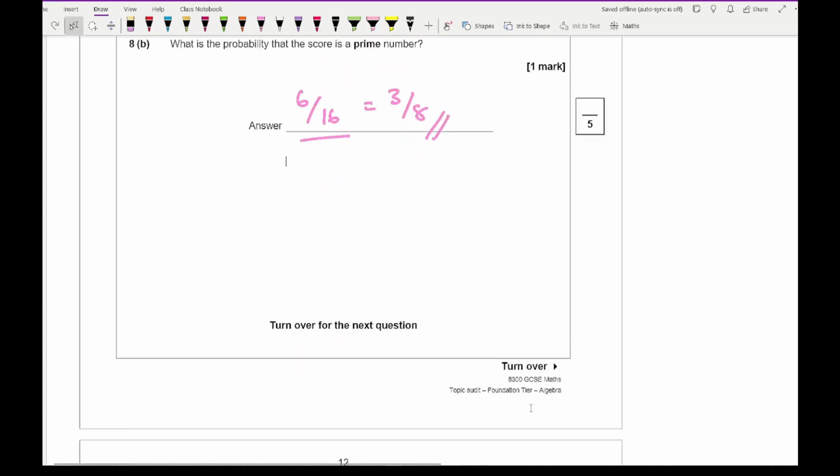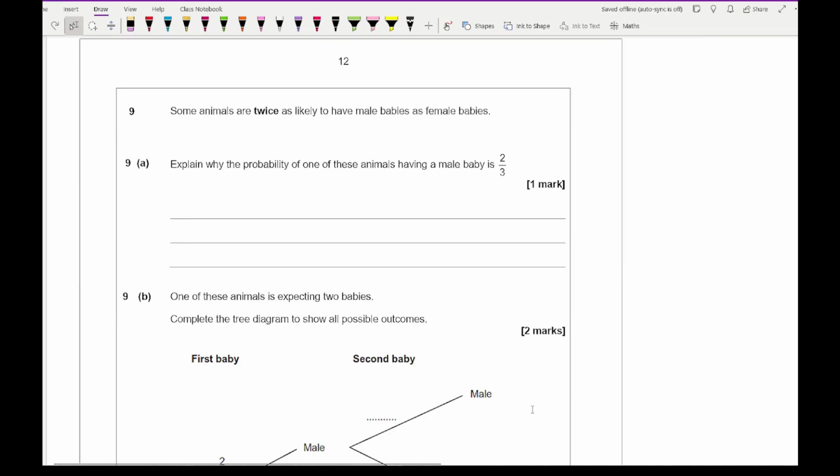Moving on to question 9, it says some animals are twice as likely to have male babies as female babies. Explain why the probability of one of these animals having a male baby is 2/3. Now there's a couple of ways in which you could say this. An algebraic way would say, well, if a female one we're going to have is X, then male is going to be 2x, which therefore means the total is going to be 3x.